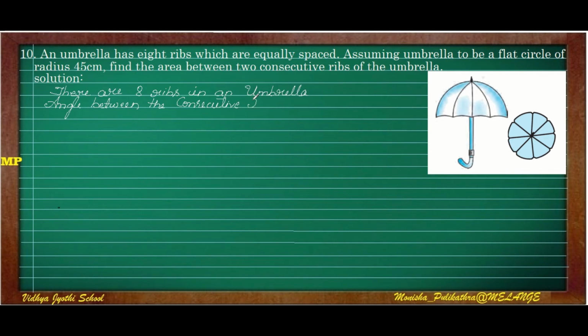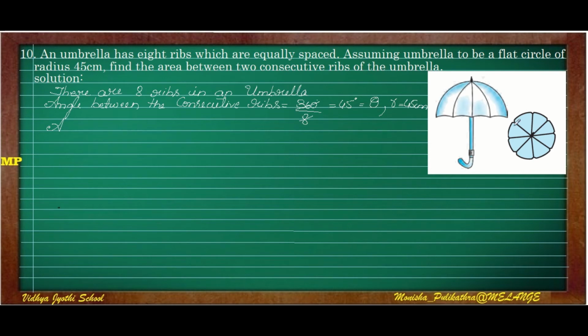Angle between the consecutive ribs, since it is a circle, we can take it as 360 degree divided by 8 ribs. So we will get 45 degree. So this 45 degree will be theta, whereas we know that a radius is also given, which is also equal to 45 centimeter.